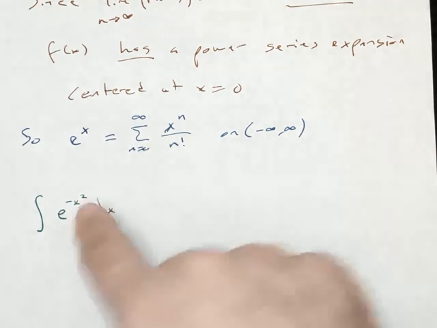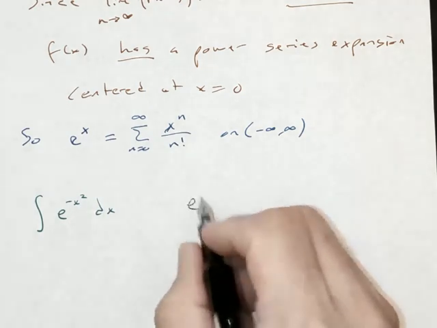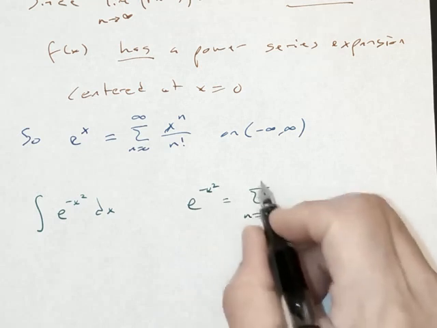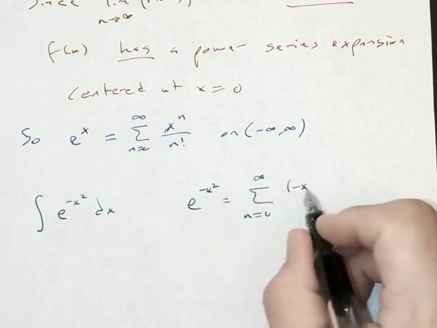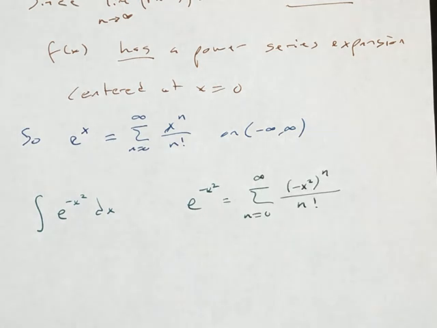I just put the minus x squared everywhere I see an x. Let's play the trick we were playing on Monday. What can I do with that minus x squared there?